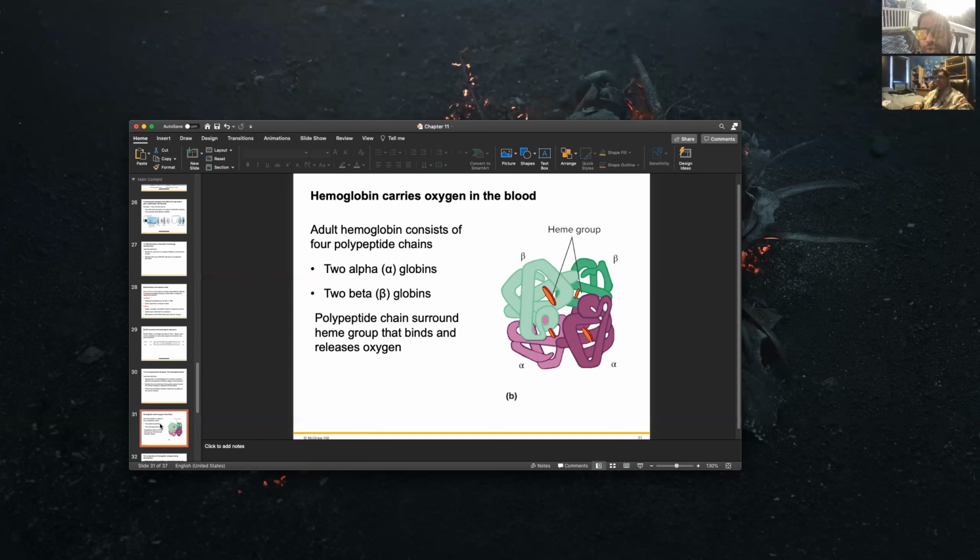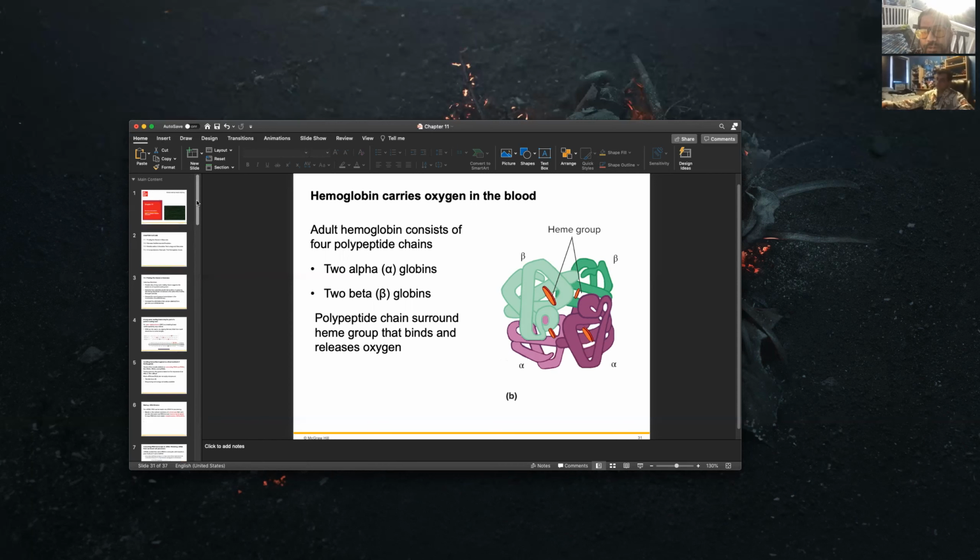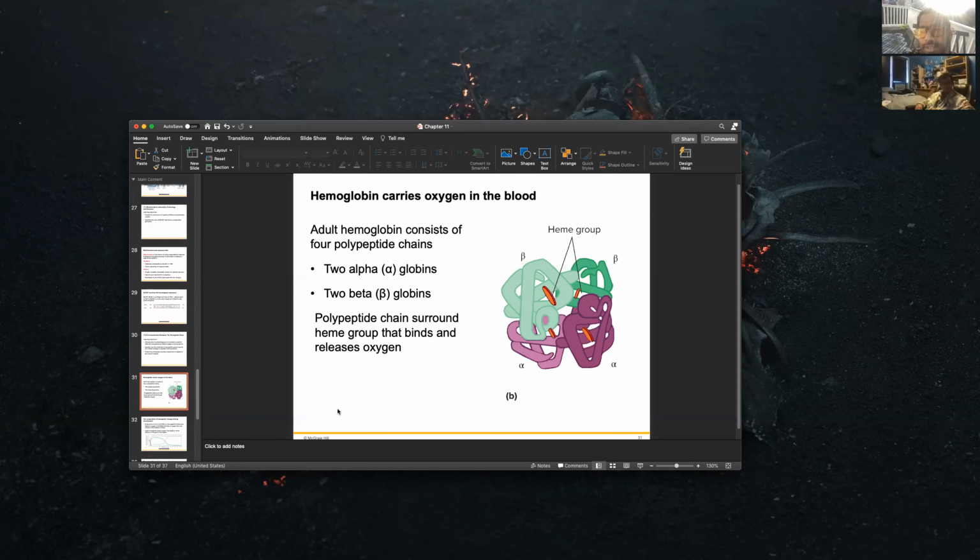So myoglobin, for example, which is the muscle equivalent of hemoglobin, is just a tertiary structure, meaning that it doesn't have an alpha and beta subunit. It just has one subunit, which I guess is just a unit. It won't be called a subunit then. Hemoglobin, however, has a quaternary structure because it has multiple subunits. So it has 2 alpha subunits and 2 beta subunits, right?